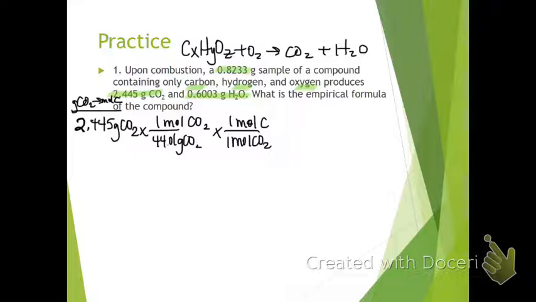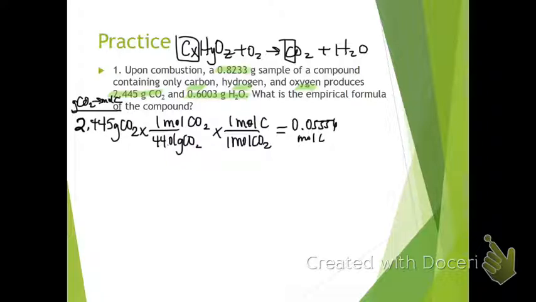Since every 1 mole of CO2 contains 1 mole of carbon, this is going to have 0.05556 moles of carbon. All that carbon that was in the CO2 we just accounted for. Again, all the carbon from the hydrocarbon ended up in the CO2. So now I know that my hydrocarbon started with 0.05556 moles of carbon.